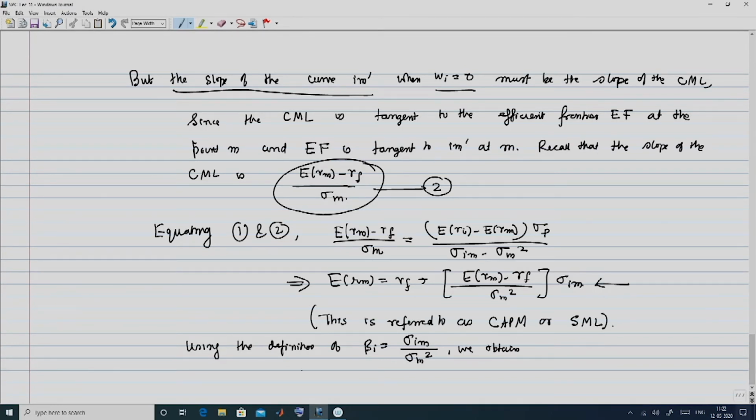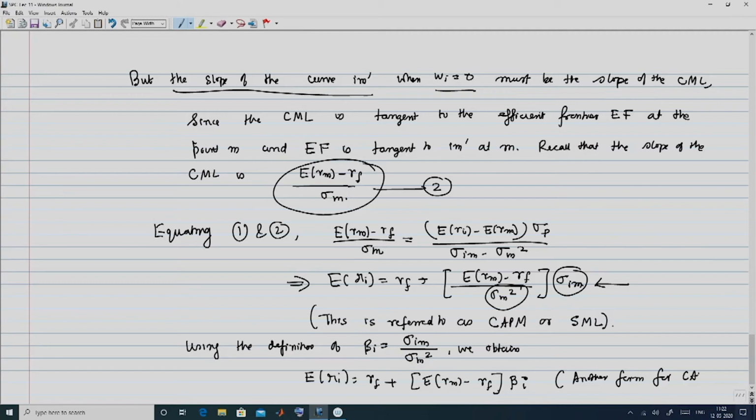From this relation we will get ERI is equal to RF plus ERM minus RF, which is the market premium, into this term sigma Im over sigma m square. I will represent this with beta I, which is another form of the CAPM or the security market line.